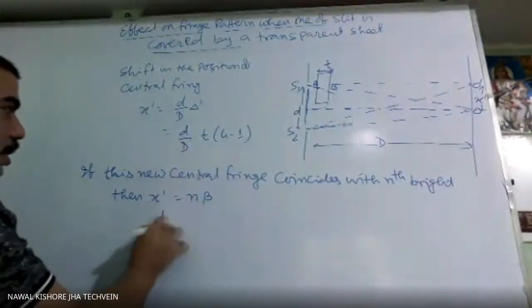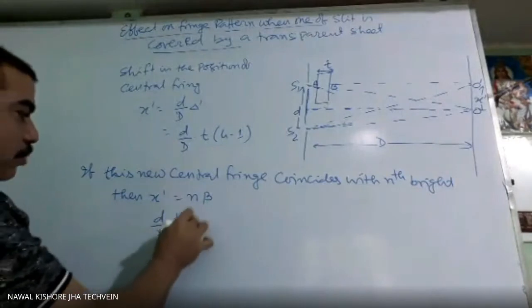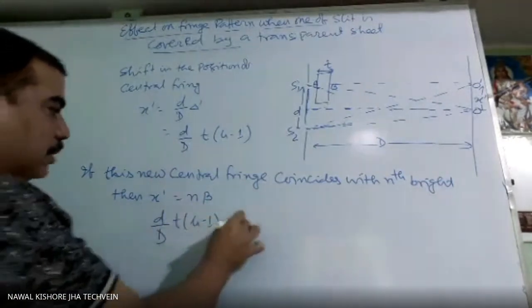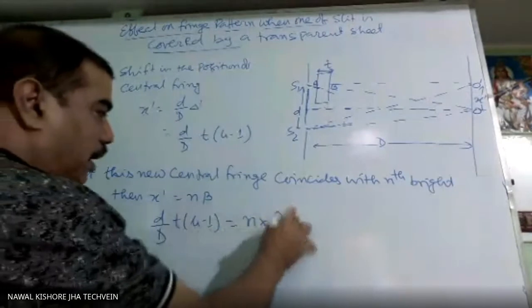So D by d into t (mu minus 1) must be equal to n lambda D by d.